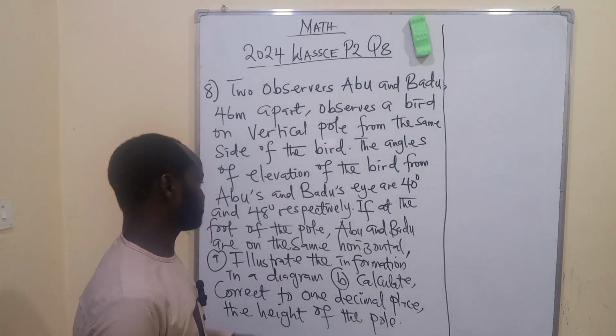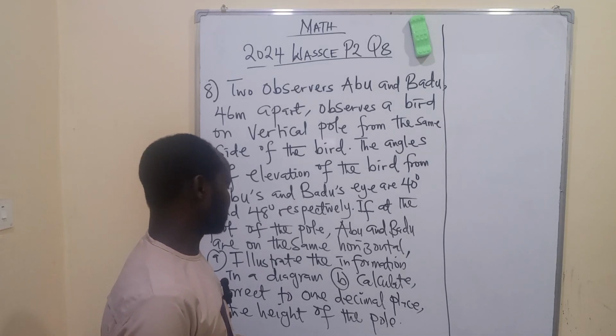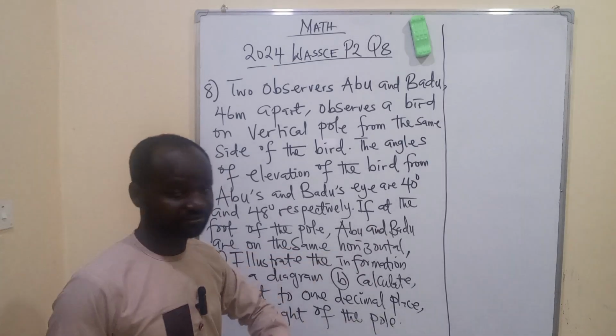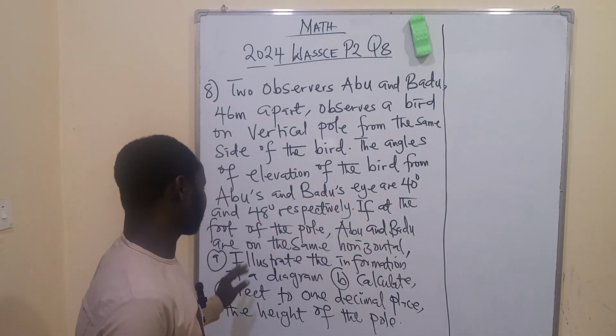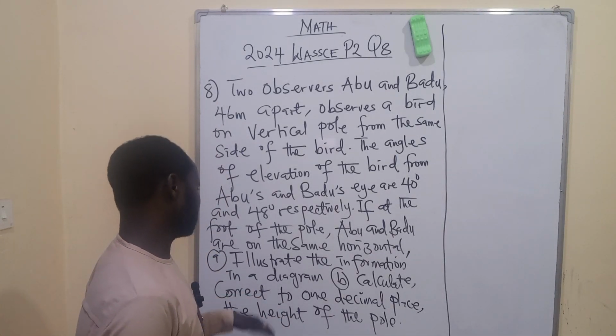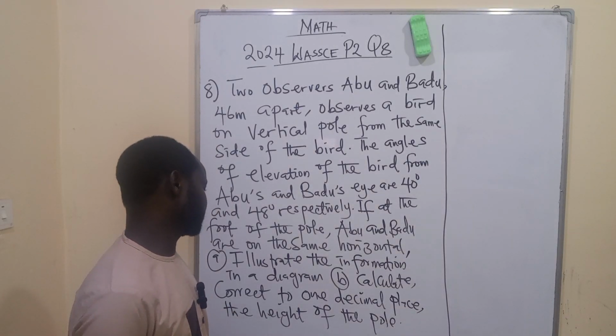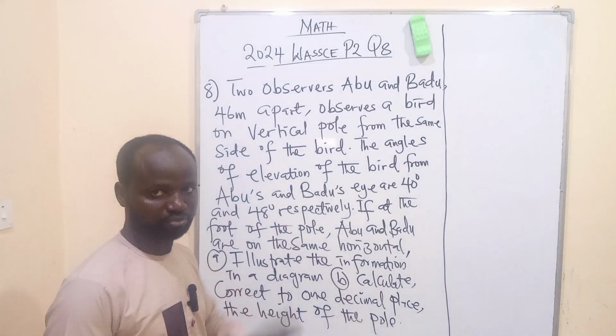If at the foot of the pole, Abu and Badu are on the same horizontal level. Question A, illustrate the information in a diagram. Question B, calculate, correct to one decimal place, the height of the pole.